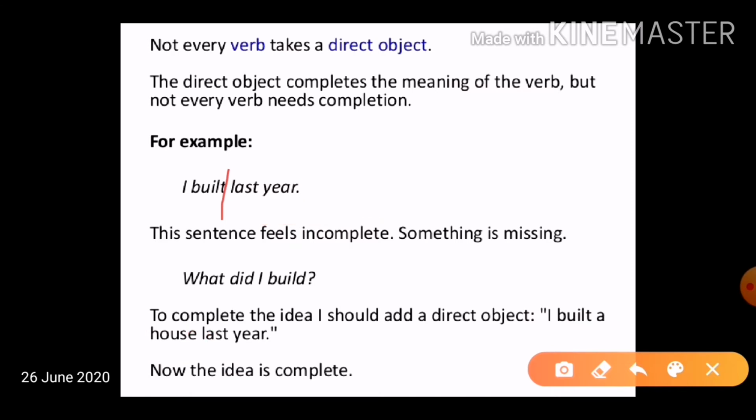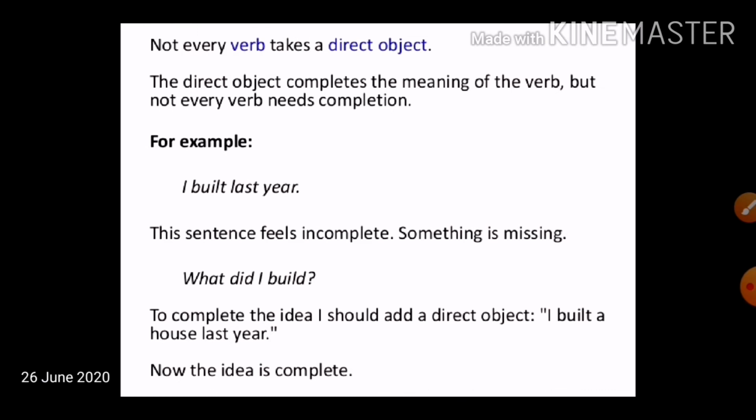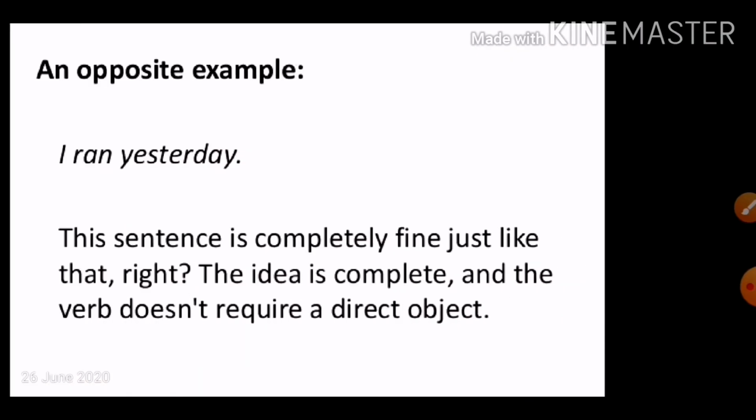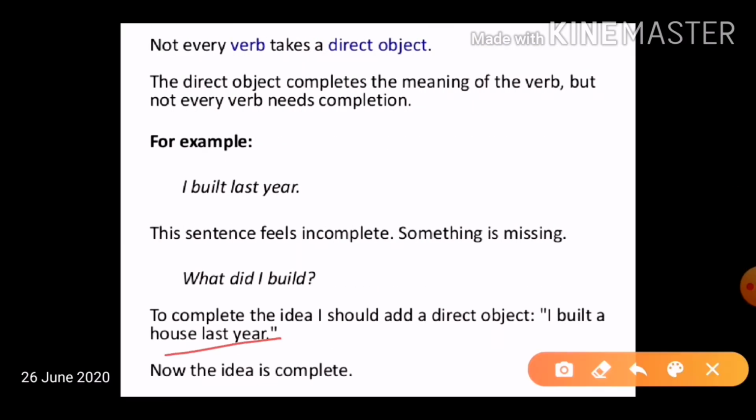And now moving further. An opposite example is this: I ran yesterday. You have seen that in I built a house, you have to be very cautious and use a direct object, that's the house.